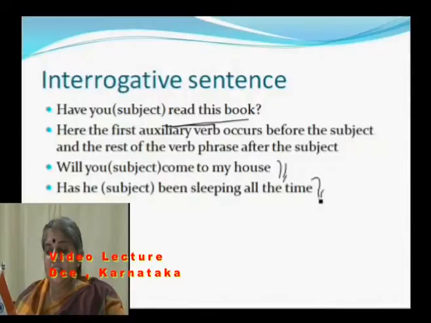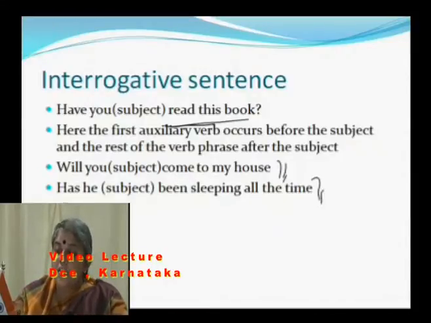The third sentence, has he been sleeping all the time? If I have to use it in the form of a statement, I shall say, he has been sleeping all the time. Instead, I have inverted. I have said, has he been sleeping? So, has is what? Verb.